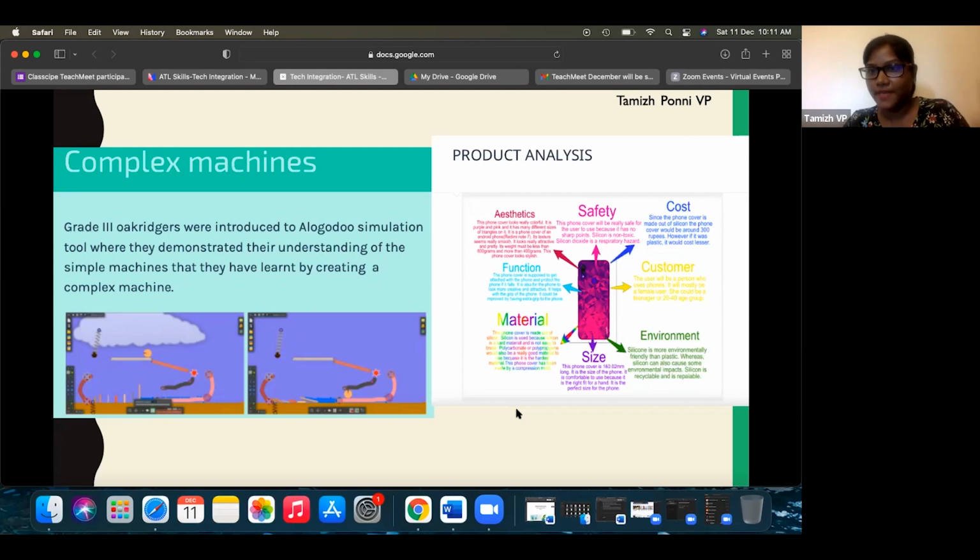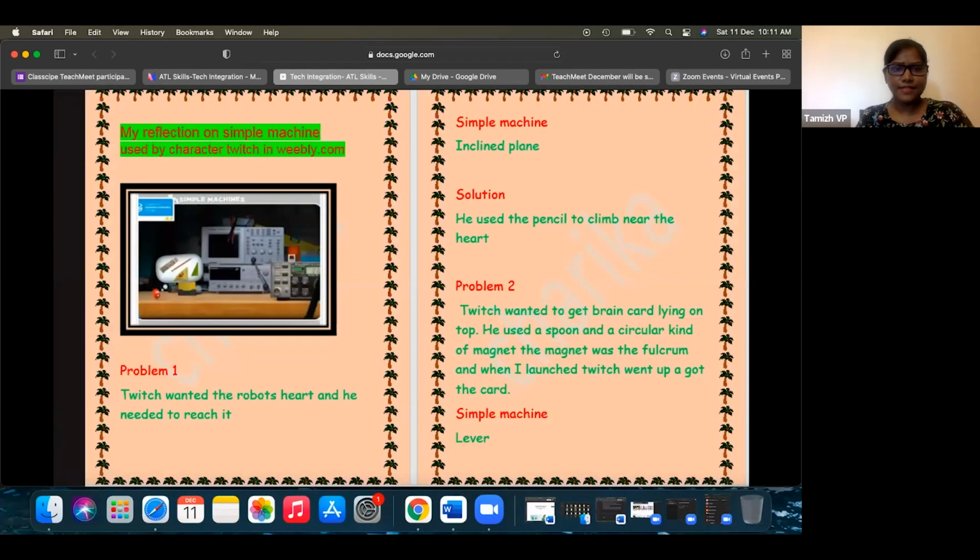And I think in your respective subjects, you can do it in a different way. This is another activity where there is a tool, a software, an online game where a certain character has to go from this location to another location, and it needs to use an inclined plane. Which object here can act as the best inclined plane? So they experimented with it, and then they also wrote their reflection.